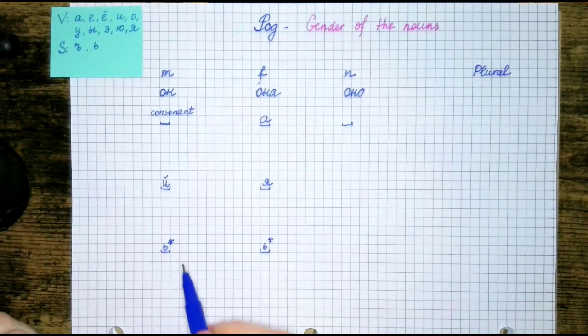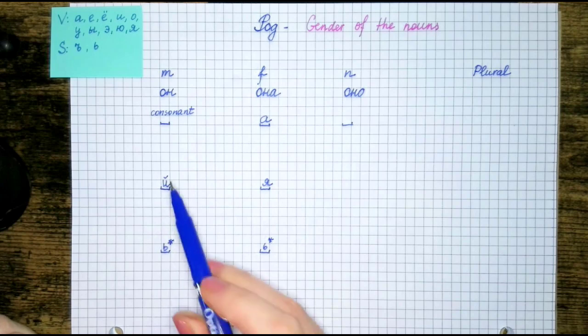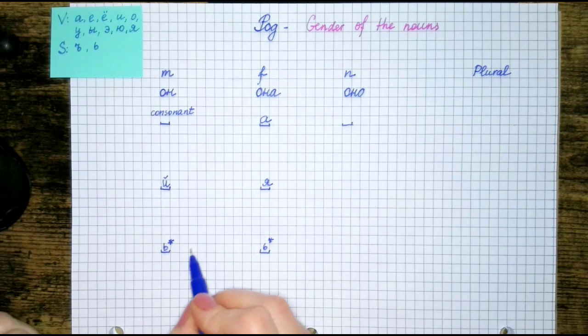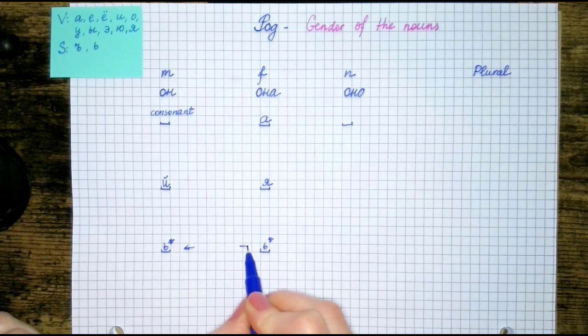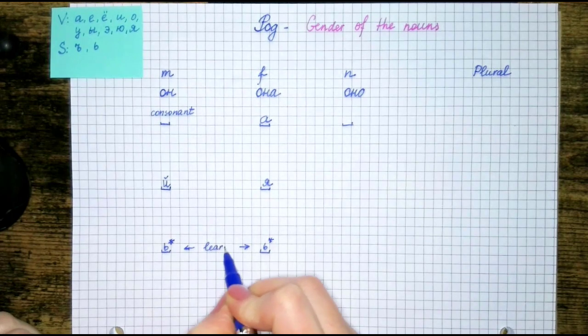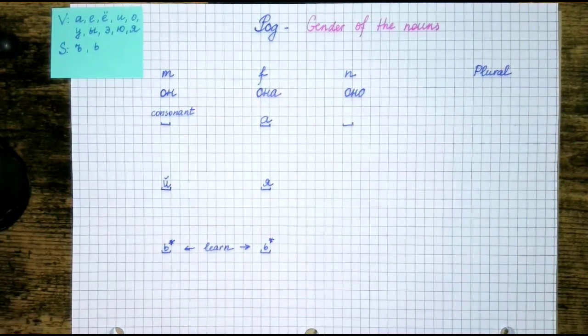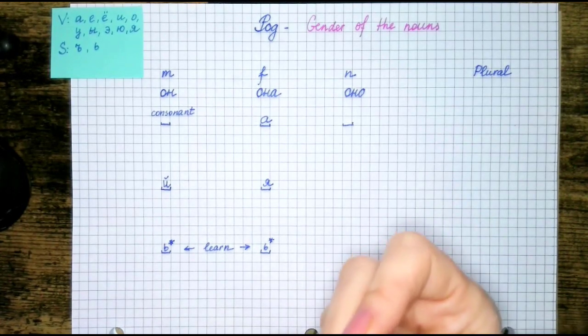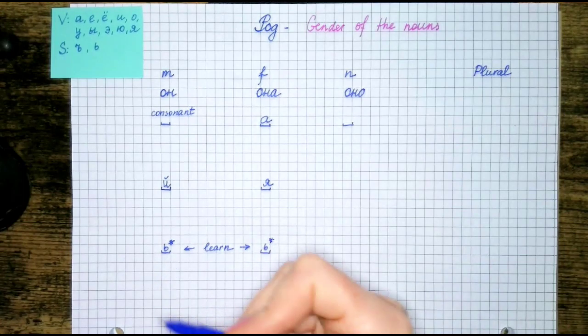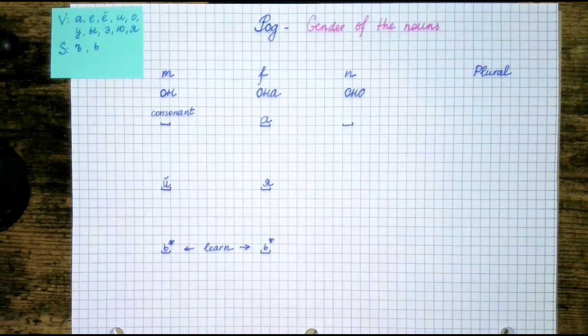So in Russian, words that end in soft sign can be in the masculine noun category or in the feminine noun category. And basically for words that end in soft sign, we have to learn which one is which. There is no other way around it. There are some categorizations, but especially at the beginning, I would say learn it by heart. Like if something ends in a soft sign, which gender that is.